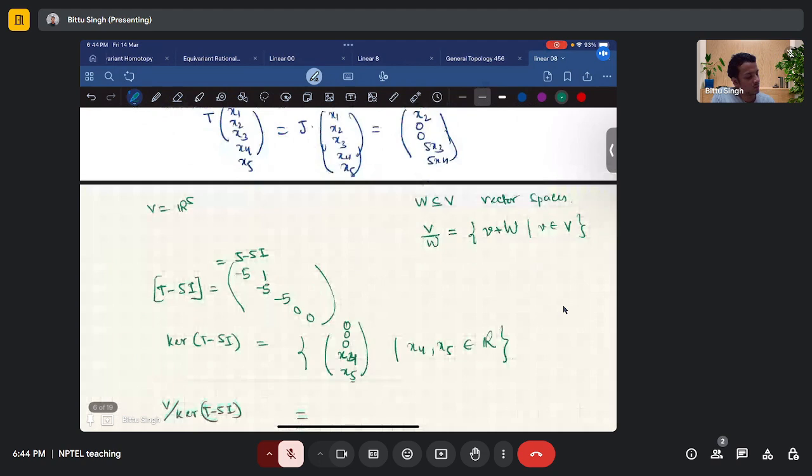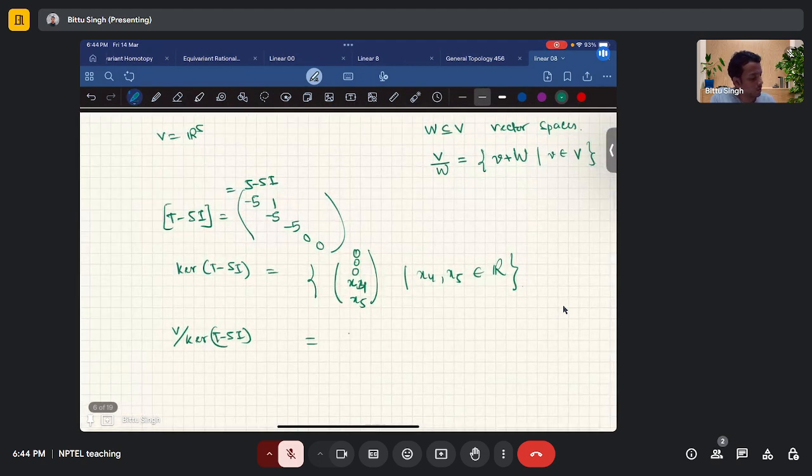So it will look like those kinds of things, V plus W. This is actually W in our case. So it will look like V plus W, such that V belongs to V, right?